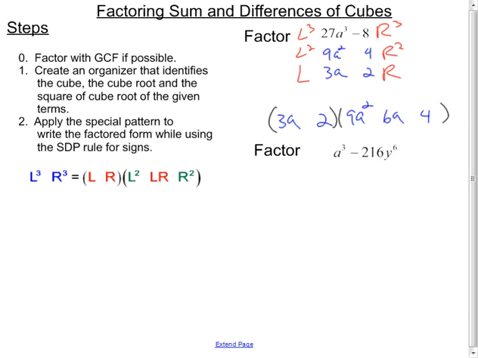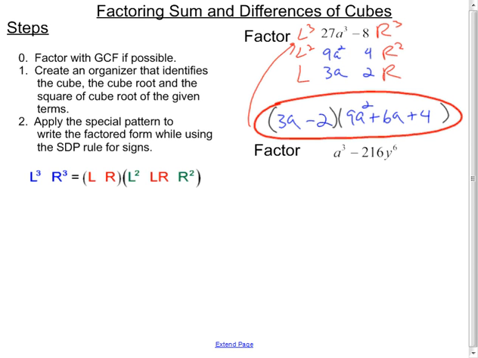Using the same, different, positive rule, I see the same as minus is minus. Different from minus is plus, and then P for positive, always ending in positive with these. Again, if I multiplied this binomial times this trinomial, I would in fact get back the original problem.